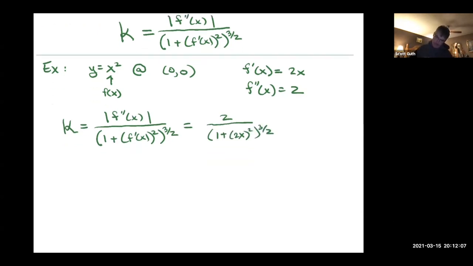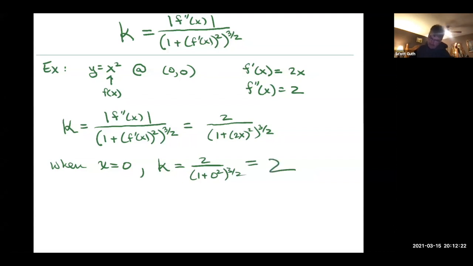When x is 0, kappa would be 2 over 1 plus 0 squared to the 3/2, right? So that's just 2. So the curvature is 2 there.